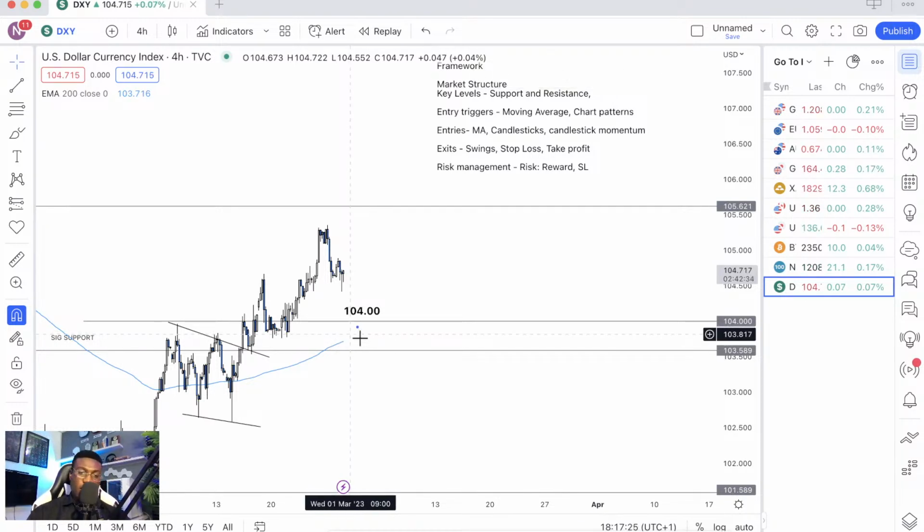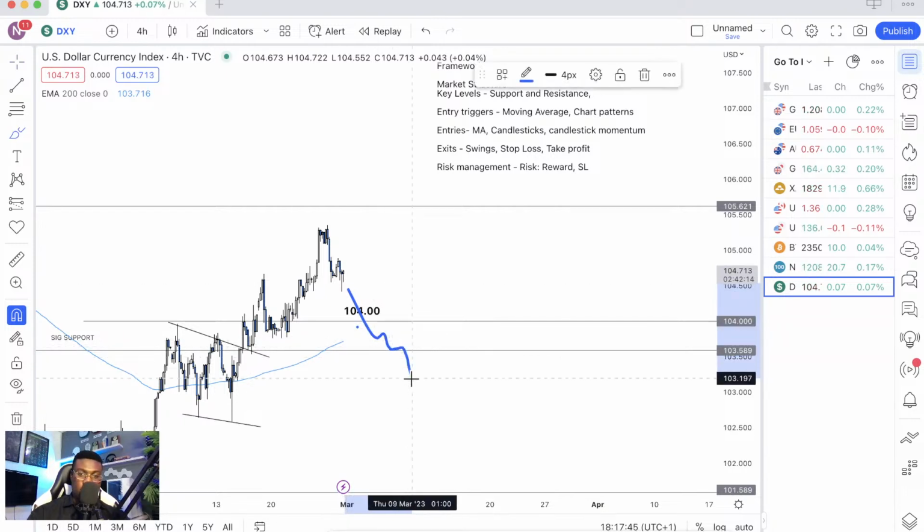Okay, so I was basically saying that if the dollar index could get down below 104 and start to trade below 104, then I'll start to look for sell opportunities, because at that point it will cross this moving average and break below all these levels that I have already mapped out and start to trade to the downside.